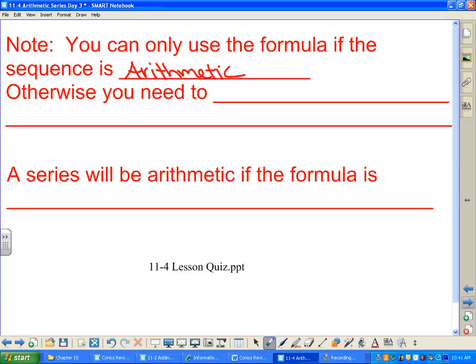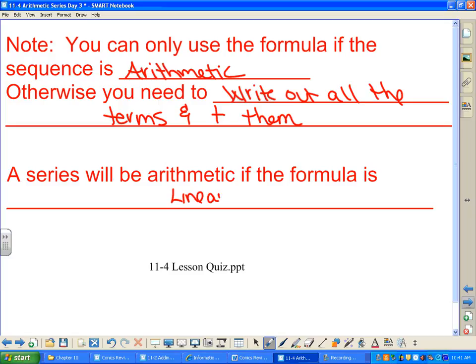Yeah, otherwise you need to write out all the terms and add them. Okay? A series will be arithmetic if the formula is linear. If it's not linear, it's not arithmetic. Okay?